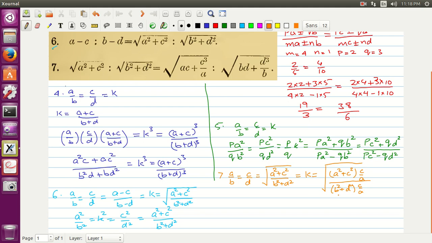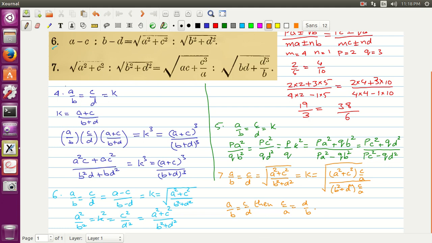Now what we know is that if A is to B is equal to C is to D, then C is to A is equal to D is to B. That is, we have just brought down A from here and brought the D here.